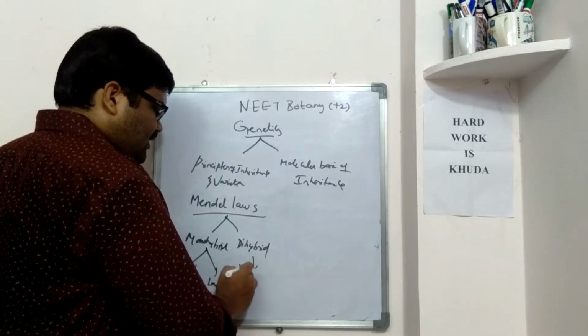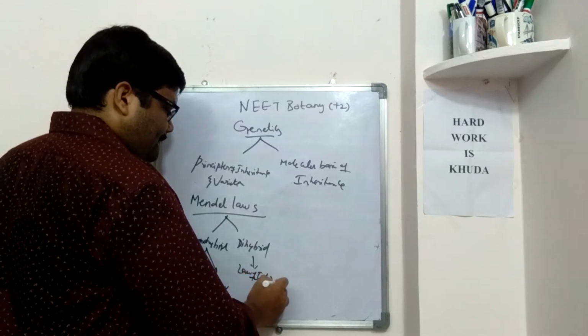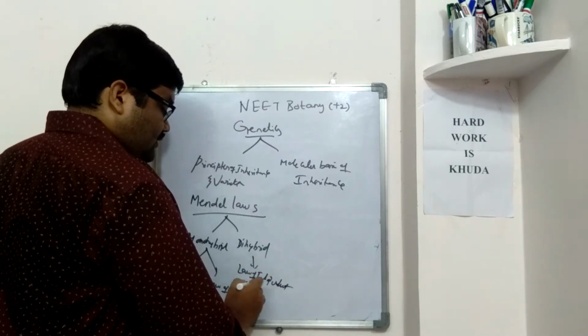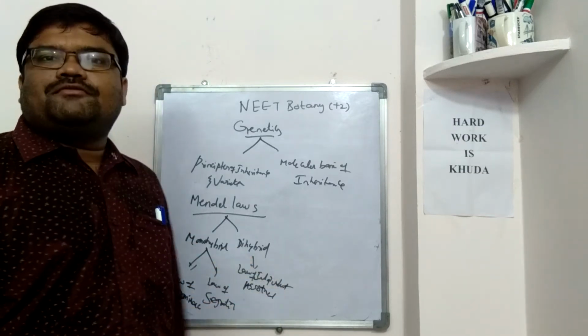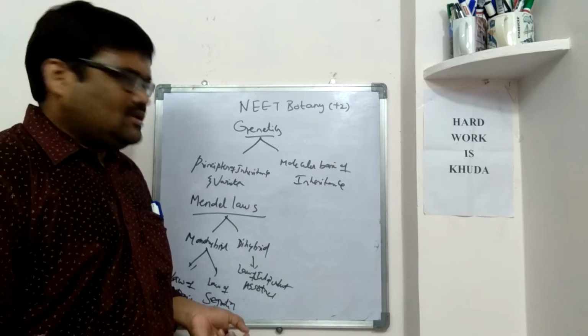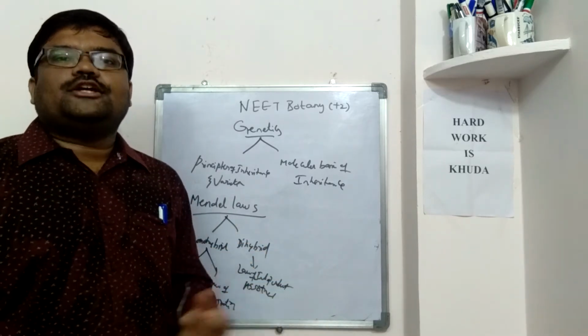Dihybrid cross leads to law of independent assortment. Simply, monohybrid cross means cross between plants differing in one trait, so that's a single trait. Dihybrid cross means cross between plants differing in two traits.